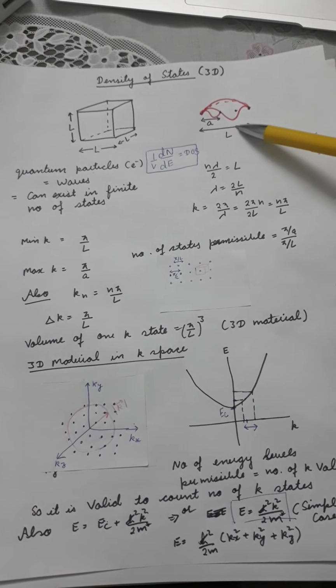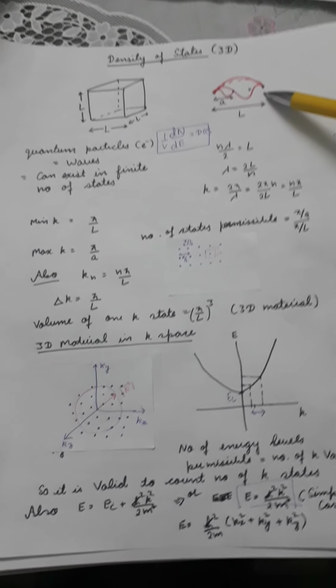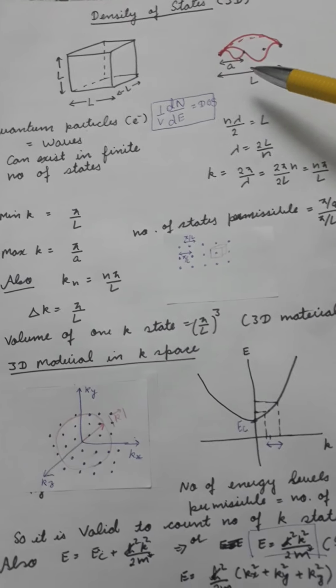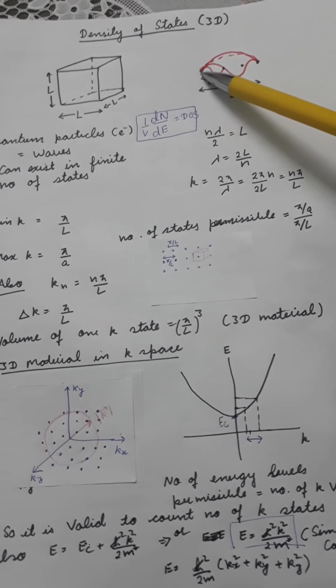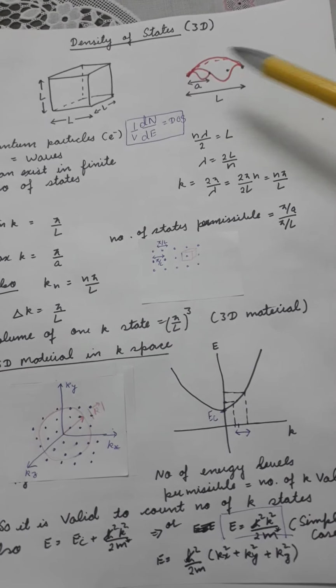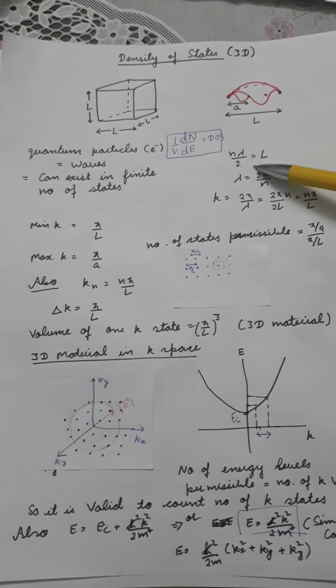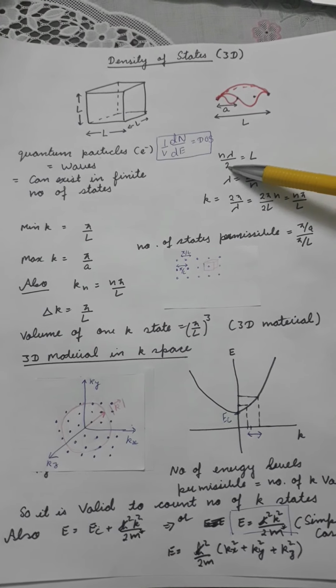In this length L, the maximum wavelength possible will be lambda upon 2, and the next possible mode will be lambda, then 3 lambda upon 2, and so on. So in this length L, the modes that are possible will be n lambda upon 2.